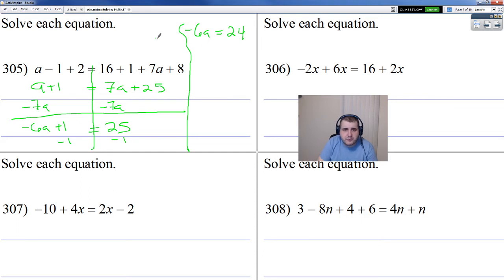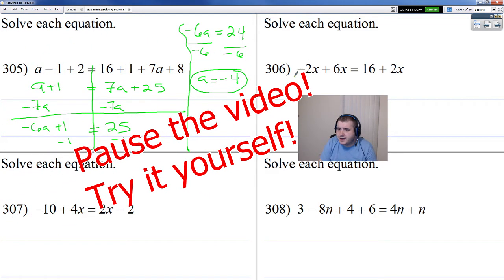Just like all the other problems we've done. Now I'm going to divide by negative 6. And there's our answer. And you can always go back in to check to make sure that what you did is correct. It will turn out that you get negative 3 on both sides. Make sure that it works. All right, so try 306, 307, and 308 on your own.